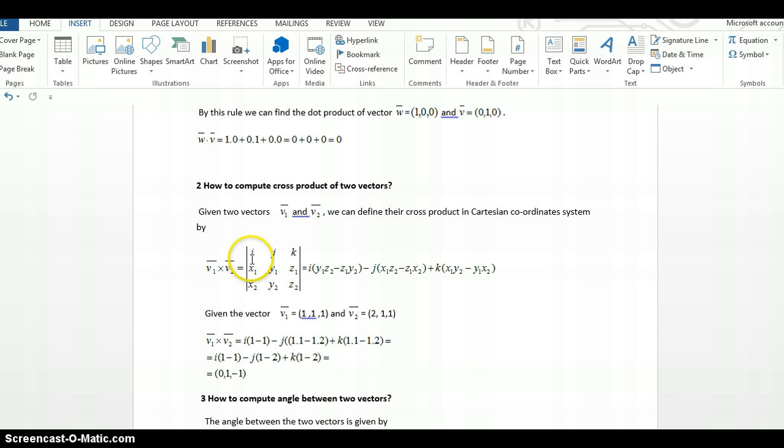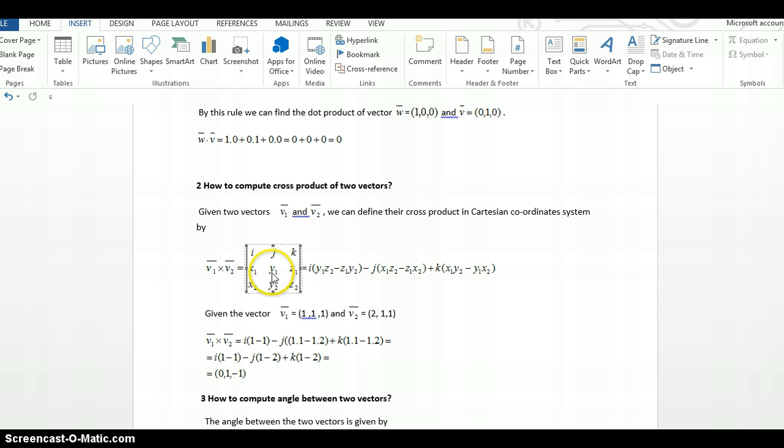Then the cross product is like saying, if I imagine that I delete the first row along with the first column, having the first row of i and its first column of i, then I'll be having y1, y2, z1, z2.